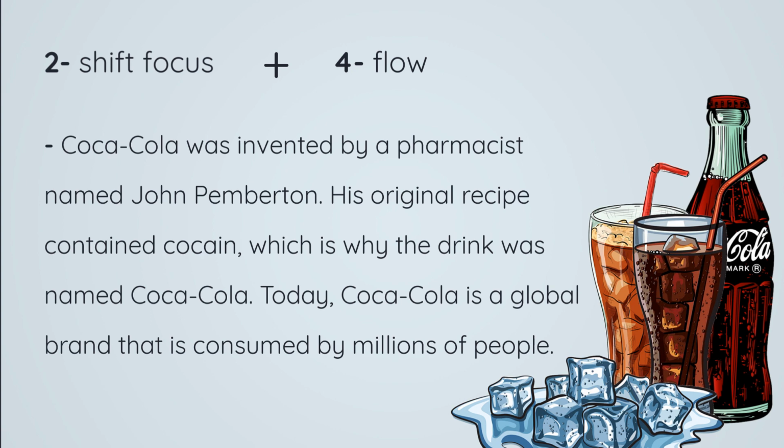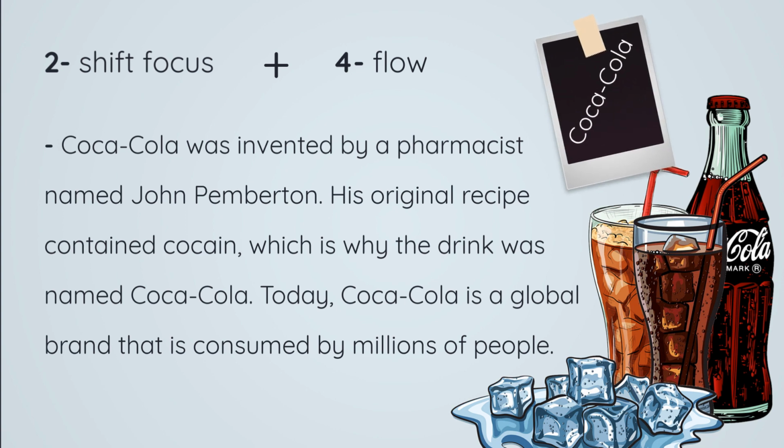Now we come to what is probably the most important reason to use the passive. We are looking at shifting focus and creating flow in our writing. So, for example, you're writing an essay about Coca-Cola. What is the most important thing you're gonna talk about? Of course, it's Coca-Cola, right? So you want this to be your subject.